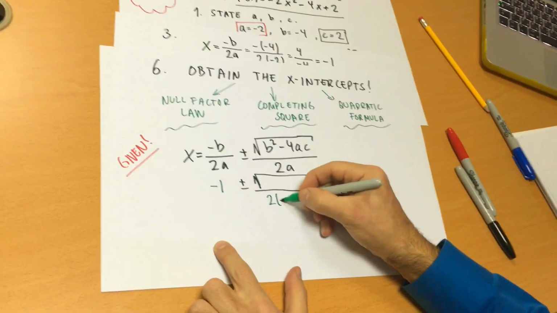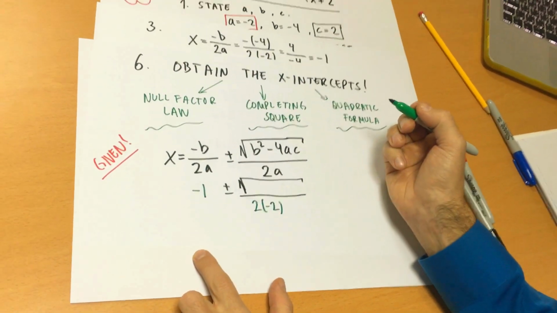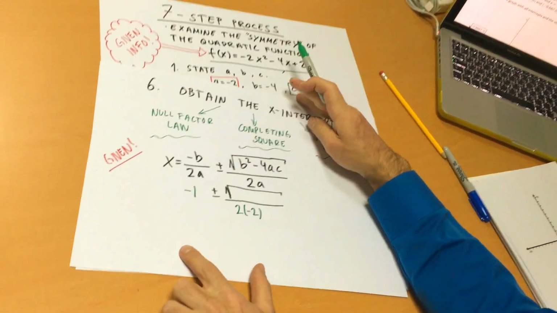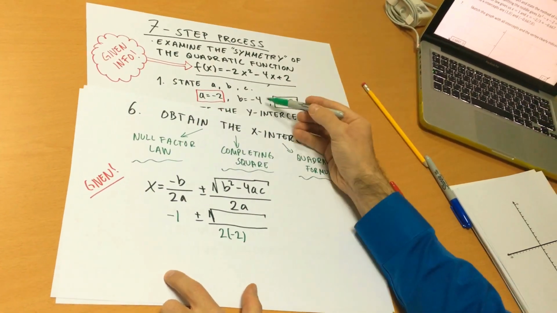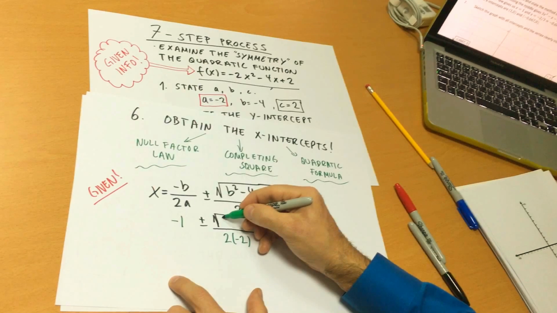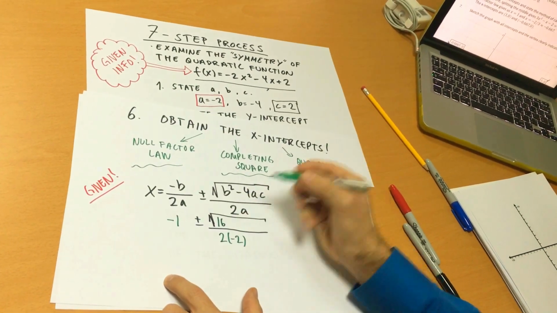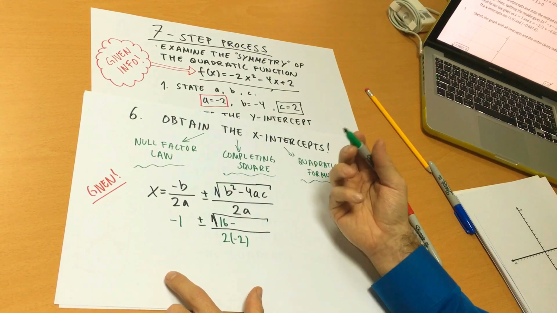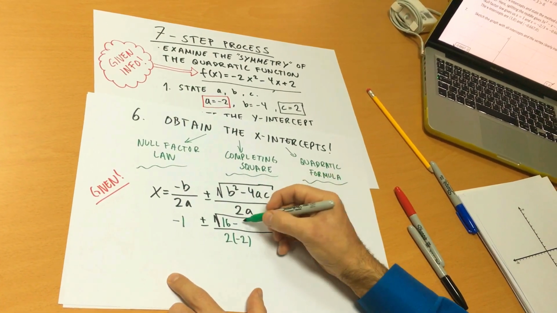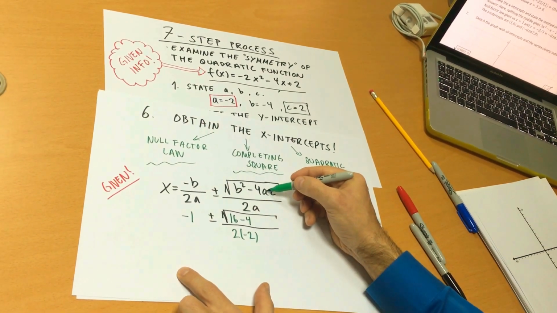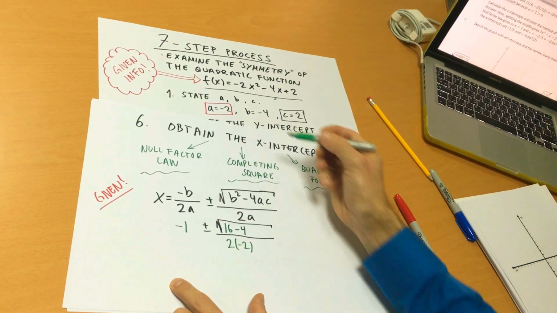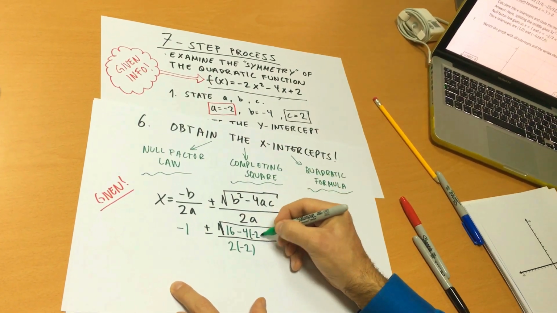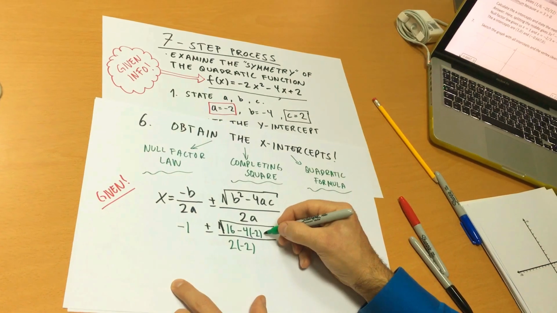It's 2 times -2. B is equal to -4, so -4 squared is 16. Positive 16. Don't make the mistake of forgetting the negative: a negative times a negative becomes a positive. Minus 4 multiplied by a multiplied by c. So a is -2 and c is 2.